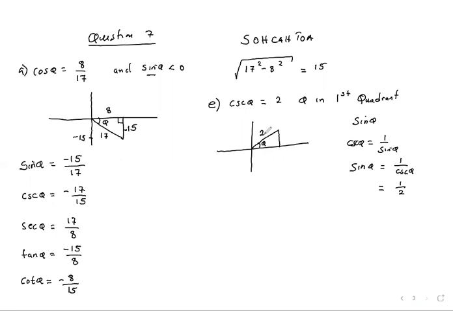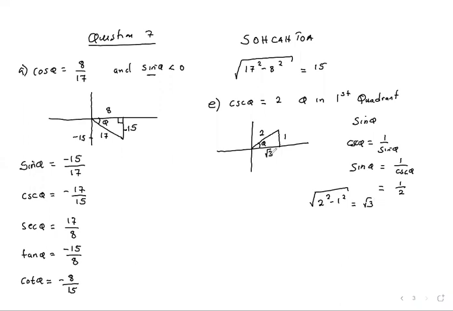And then the opposite is 1. So we're looking for the adjacent. So adjacent is going to be 2 squared minus 1 squared, and then you square root. So we're going to get 4 minus 1, which is 3. So this is going to be root 3.